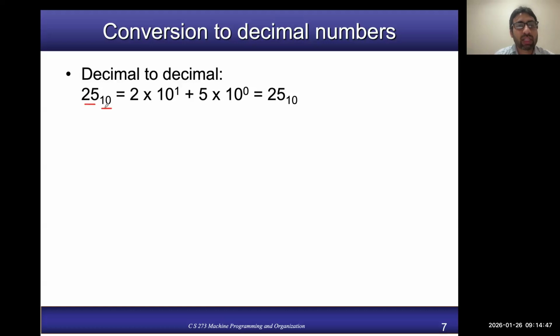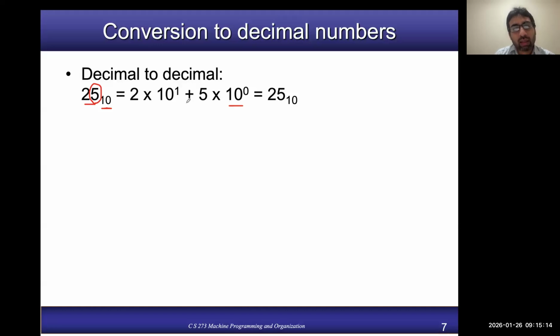We write the base next to the number in subscript. To convert into decimal, you multiply the first digit of the number, starting from the right side, which is the least significant digit, with 10 raised to power 0.